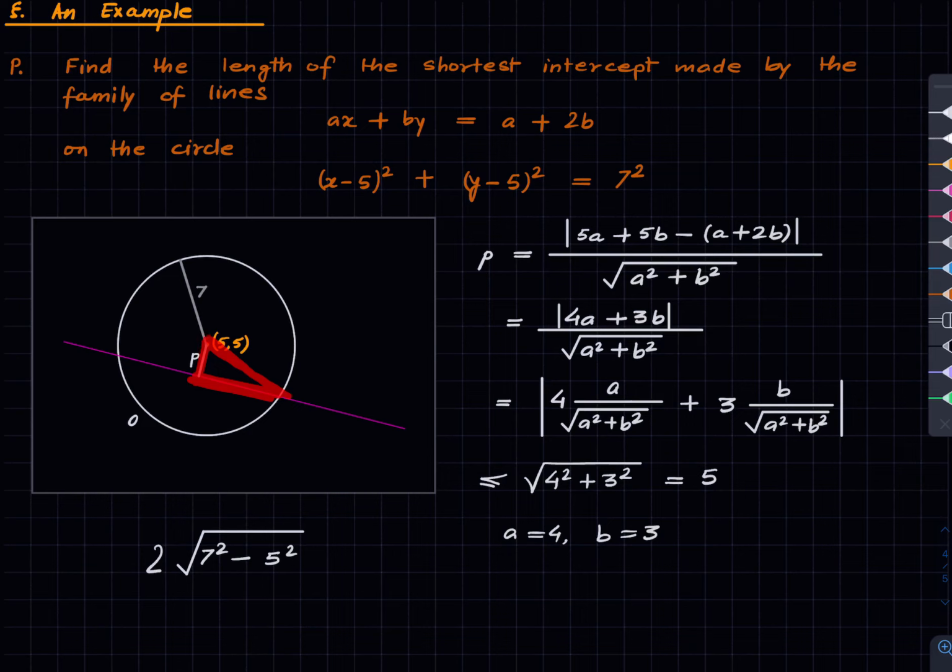So this is hypotenuse square, this is 5 square, difference and square root. So that is this length. And therefore the length of the intercept is twice of that. So this is your shortest possible intercept, and this number is twice the root of 49 minus 25, which is 24. So 2 root 24, which is 4 root 6. So that is the shortest intercept.